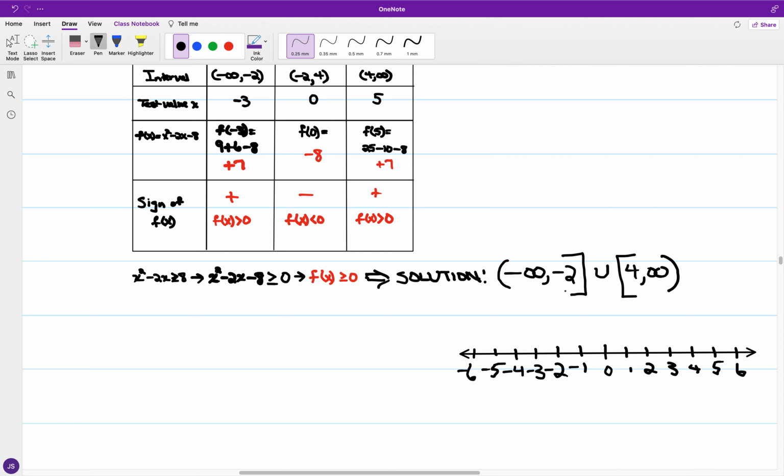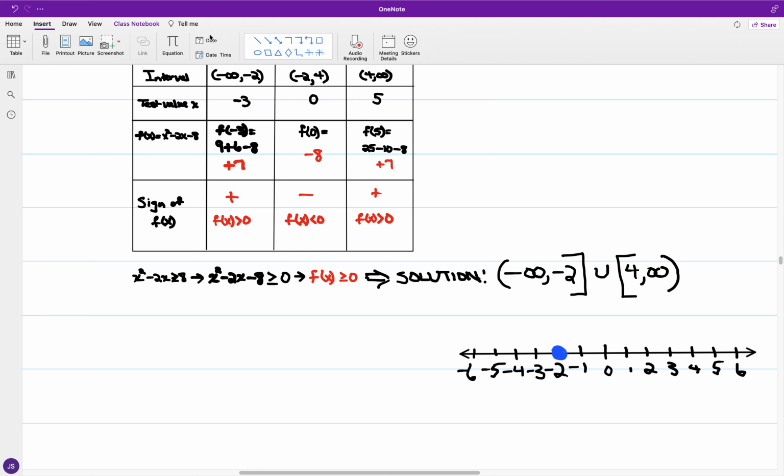For the left half, we're looking at those values of x to the left of and including -2. So -2 is part of the solution, so we have a solid point on -2, and the rest of the values from this interval section will be to the left. So you have a ray that will go continuously out in that direction.